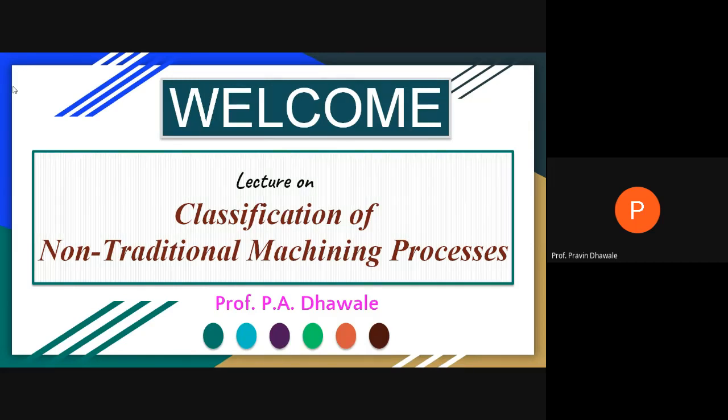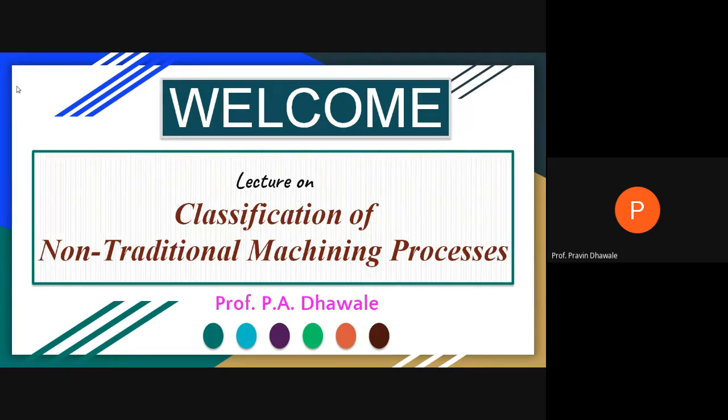Then we discussed why we need to study such non-conventional, non-traditional, or advanced machining processes. In today's lecture, we will focus on the next point of the chapter, that is how to classify these non-traditional machining processes.